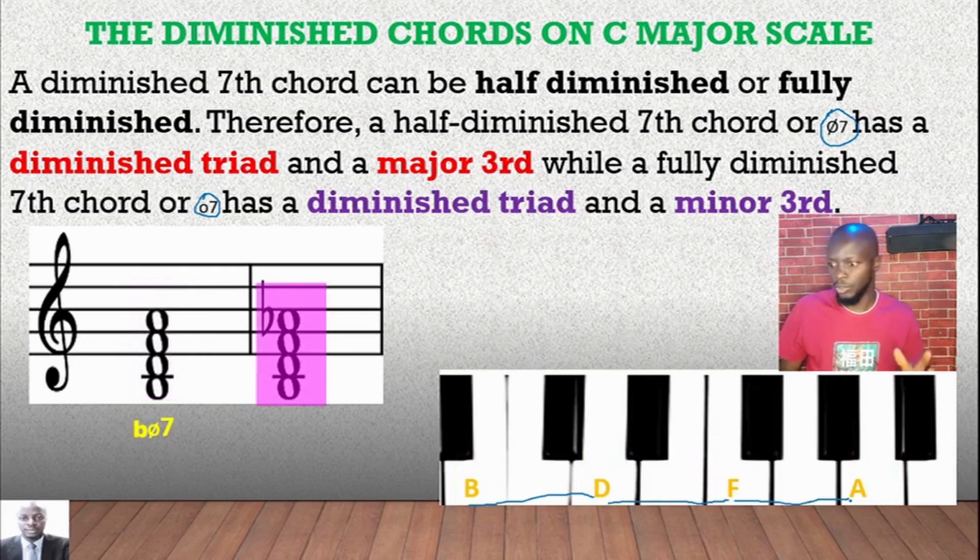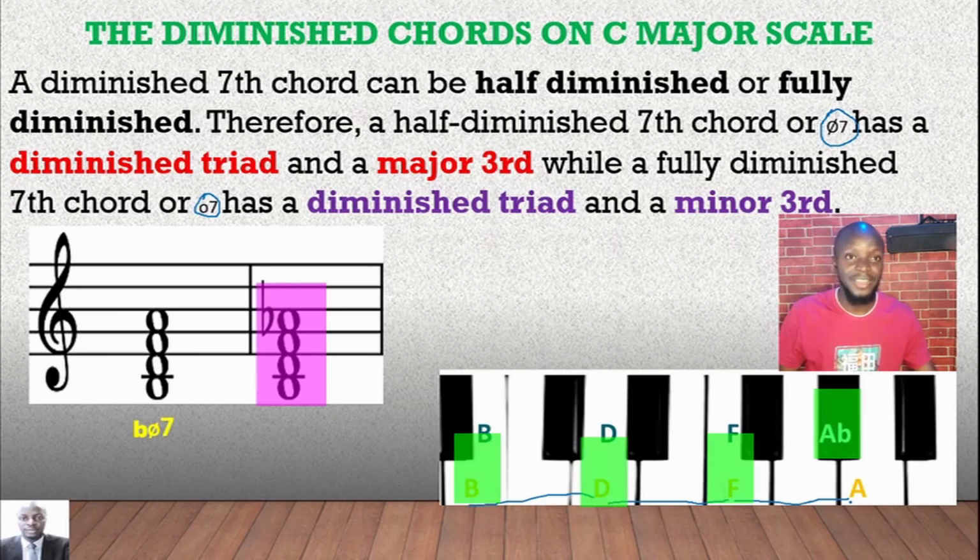Now let's see the second one, the fully diminished seventh. You see that from B to D is a minor third. From D to F is also a minor third. And from F to A flat is another minor third.